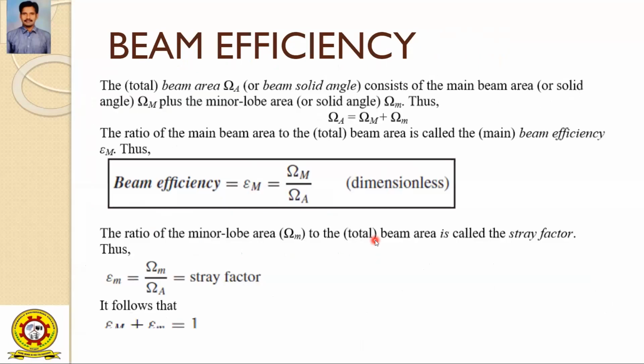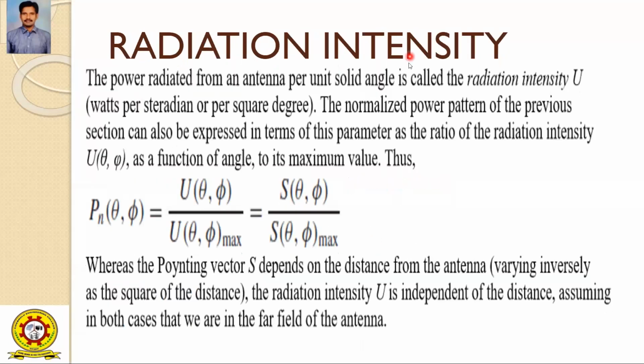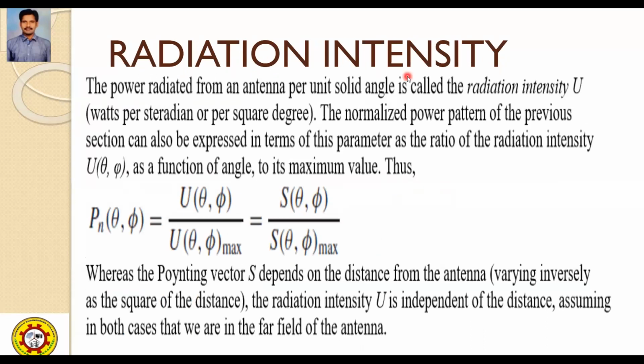Finally, everybody watching the content on your screen, this slide belongs to the antenna parameter radiation intensity. How to define radiation intensity? The amount of power radiated from the antenna per unit solid angle is called radiation intensity.